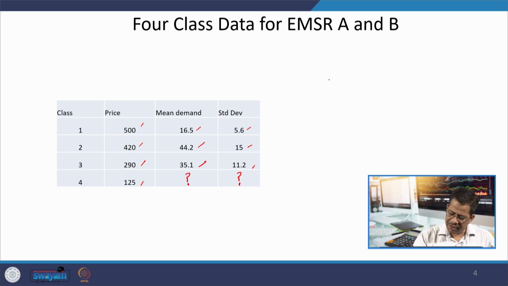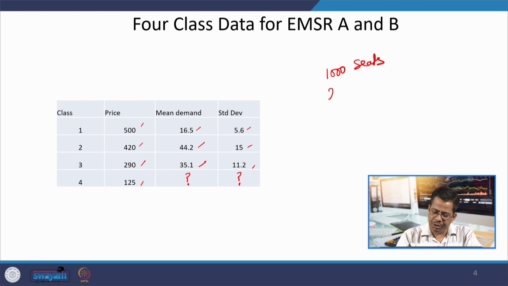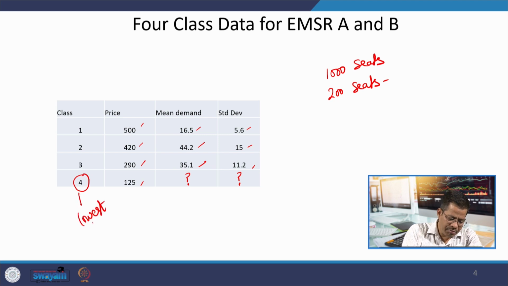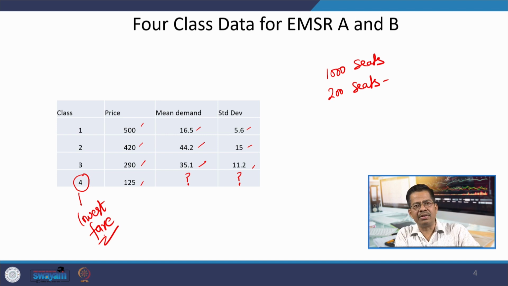Because if you have a system which has, let us say, 1000 seats, or another system where you have only 200 seats, since our class 4 is the lowest fare class, only the left out seats will be given to this class.